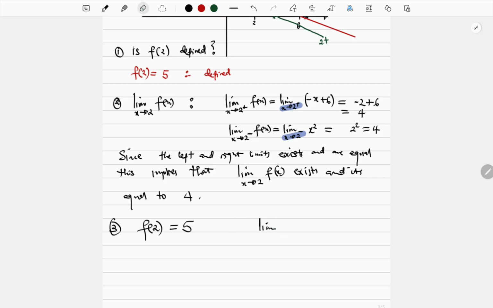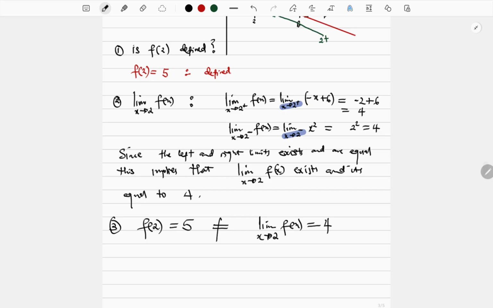We have the limit. Okay, let's just say the limit as x approaches 2 of f of x is equal to 4. So you can see that from the first one, we managed to find that f of 2 is defined and is equal to 5. But from the second part, we managed to find that the limit of f of x as x approaches 2 is equal to 4. So it means that this one is actually failing to hold on the last part.